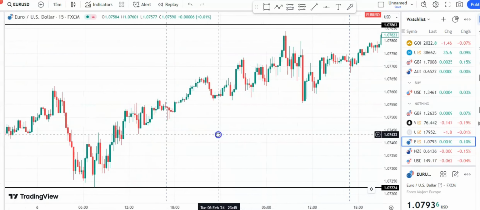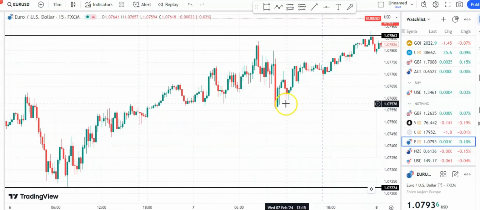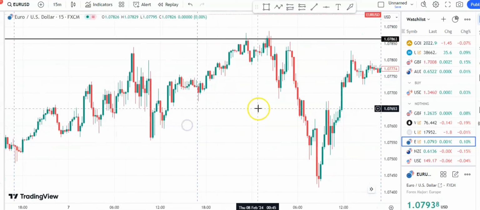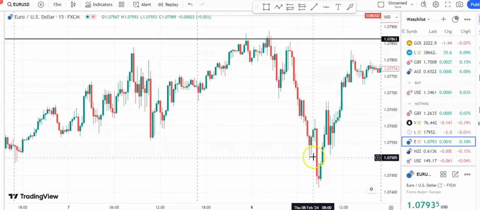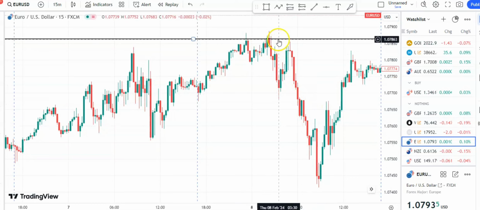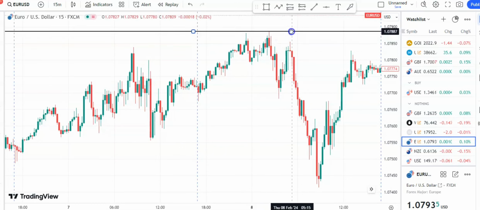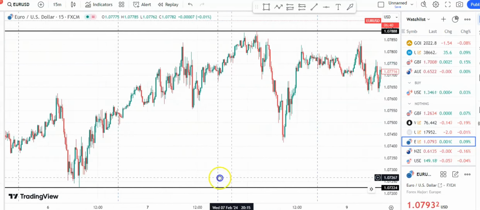Now, on Wednesday, it was just an inside day, and then on Thursday, look again at the pin. So I am not looking to trade these moves here, even if they have explosive moves. I want a breakout. So I just extend my high up to there. If I see a breakout here, then that is a setup I am willing to take.